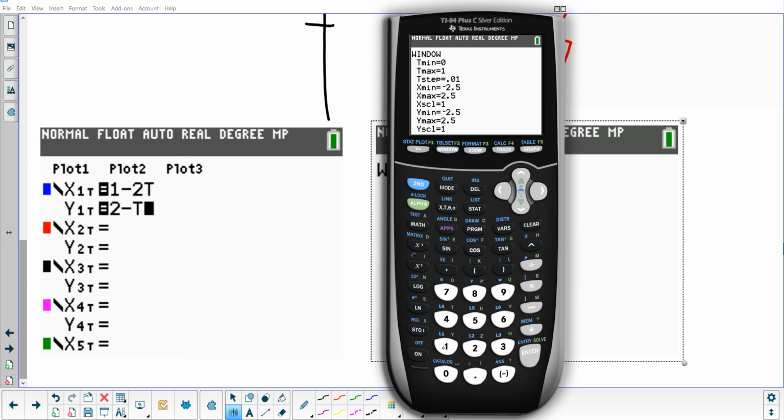Think about if you were counting from 0 to 1 by 0.01: 0.01, 0.02, 0.03, all the way up to 1. If you count by 0.01 from 0 to 1, that's 101 steps. That's how many numbers you'd have to say to count from 0 to 1. And you can see it graphs much slower.